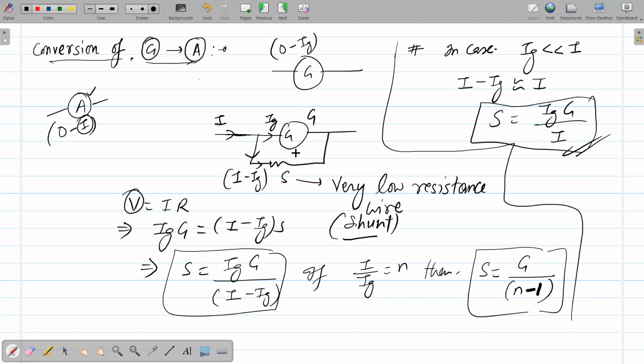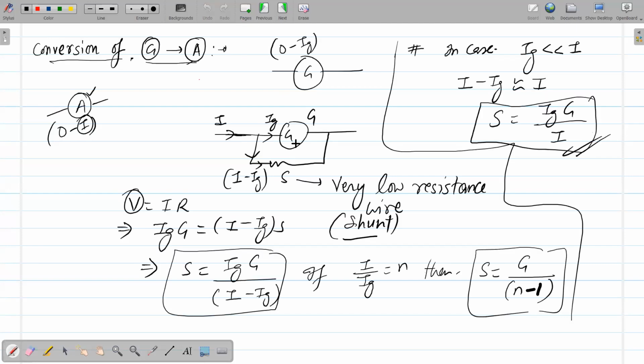Now if I ask you to write the equivalent resistance of this circuit, that will also be very easy. You can see both are in parallel, so GS by G plus S will be the equivalent resistance. Clear?